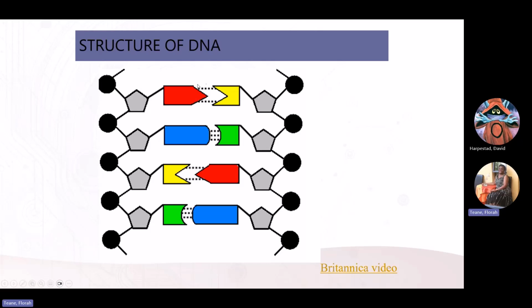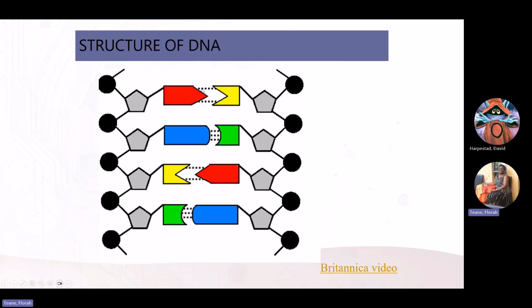It is shaped in more or less a similar way to fit in either the purine or the pyrimidine. And the two are being joined together by a bond called hydrogen bond.